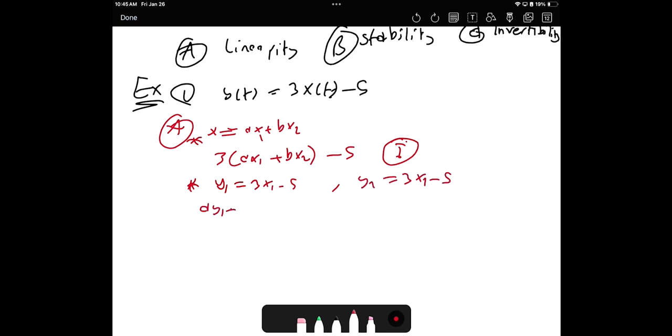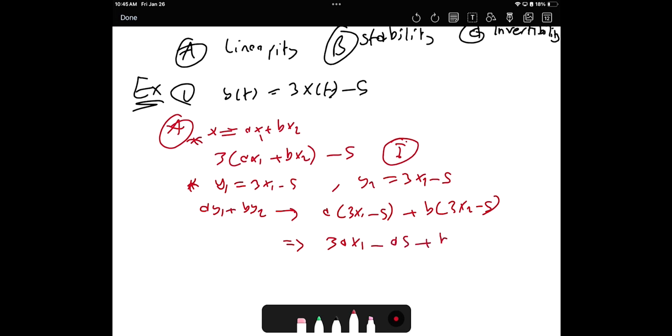Now ay1 plus by2 yields a times (3x1 minus 5) plus b times (3x2 minus 5). As a result, this will yield 3ax1 minus a5 plus 3bx2 minus b5.